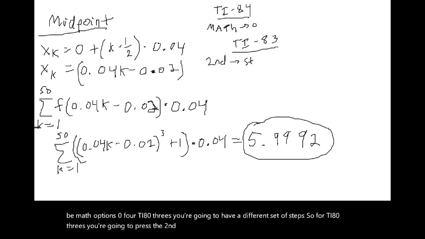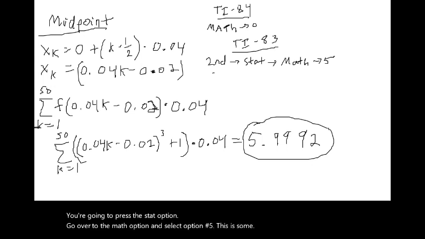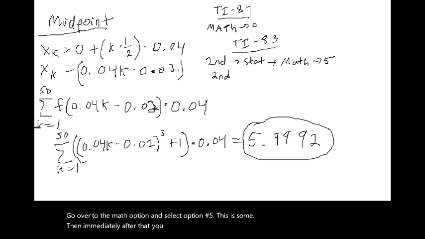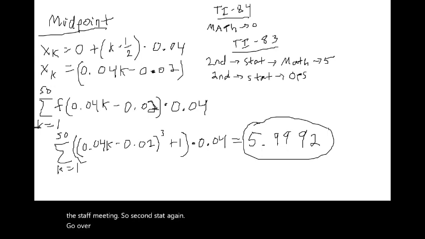You're going to press the stat option, go over to the math option, and select option number 5. This is sum. Then immediately after that, you will press the second key again, go back to the stat menu, so second stat again, go over to ops, and then select option number 5.